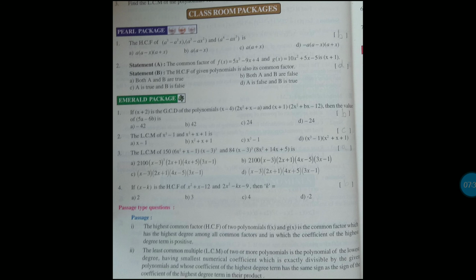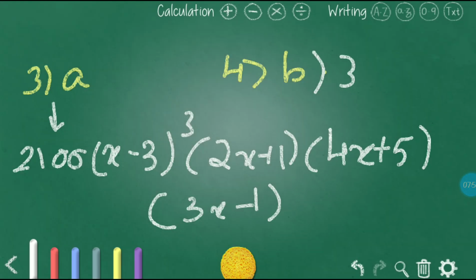And fourth one, if x minus k is a HCF of x square minus x minus 12 and 2x square minus k minus x, then find the value of k. So here it is said that x minus k is HCF, and the factors are also given for which it is the factor. We have to find the value of k. So these are the answers for questions 3 and 4.